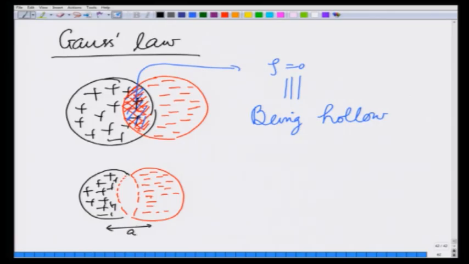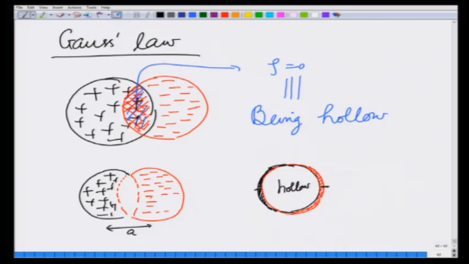I am finally going to take the limit in this case where these two charges will overlap for most of the regions. So that this negative side will give me a very thin slice of negative charge, positive side will give me a very thin slice of positive charge, and you can see in the middle the charges are going to have largest magnitude and it diminishes as you go to the side, and this region is hollow.